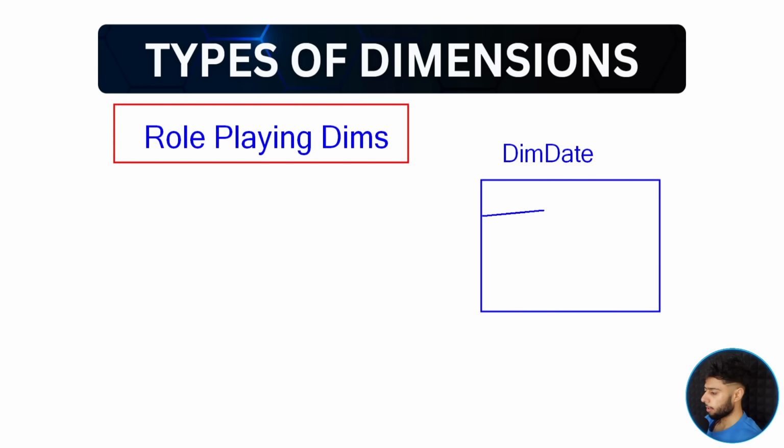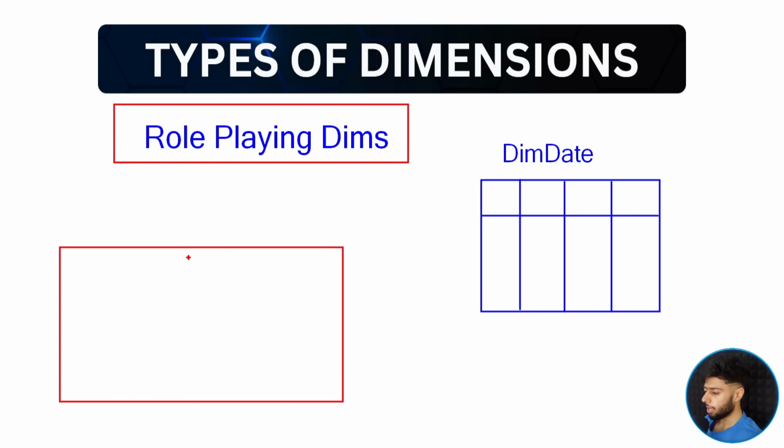In this you have date, obviously, and then day, year, month, and so on. Now let's say you have the fact table. Here you have 2 different kinds of date. One is order date, the other is cancel date.